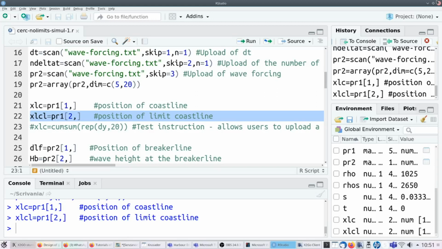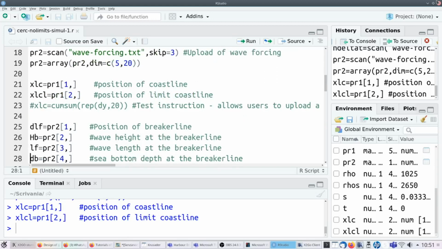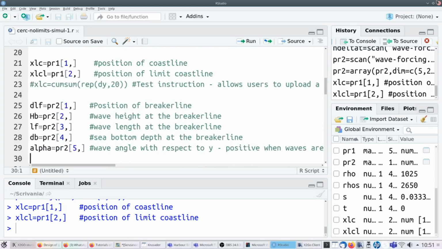Now there are the 5 columns of the wave forcing. You remember that we uploaded the wave forcing in an array which we called PR2. So now let's assign the first column of the array to a vector DLF, which gives the position of the breaker line.